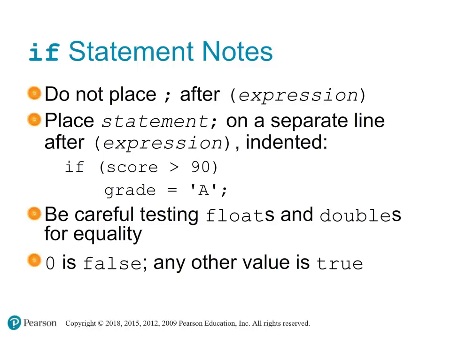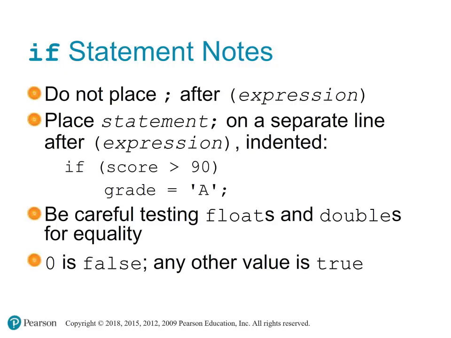Use a small tolerance range instead. For example, if x equal 3.14, that's pretty risky. Instead of this, we can use the absolute value. So if ABS is a function call to absolute value.